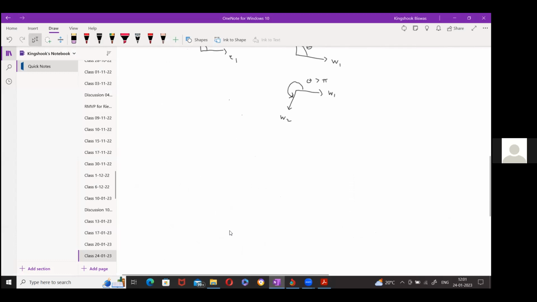So suppose I have a manifold, S2 sitting inside R3. If your manifold sits inside some Euclidean space, then the tangent space at a point is easy to define.